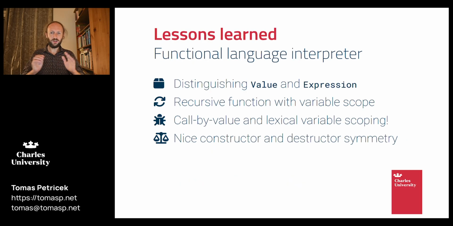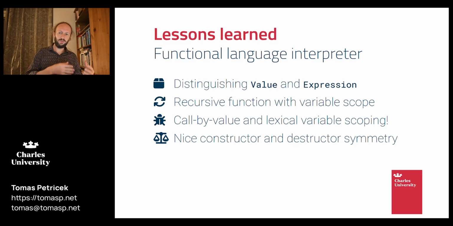So with all of these, you will have a nice implementation of TinyML, and there are a couple of interesting things that this very small implementation explores. It points out that you have to distinguish between values and expressions, and for things like call by value, call by name, this actually makes a big difference.